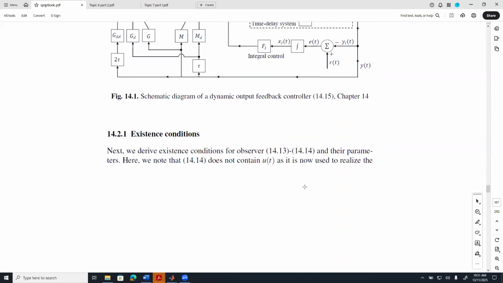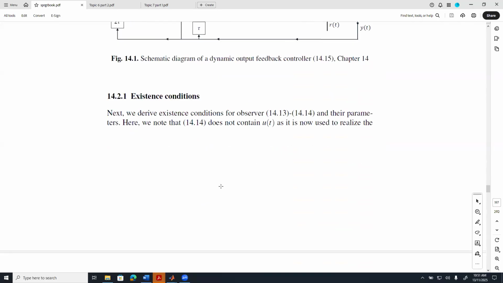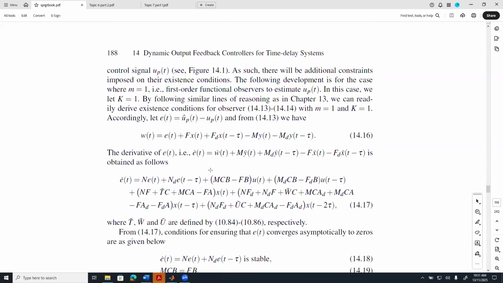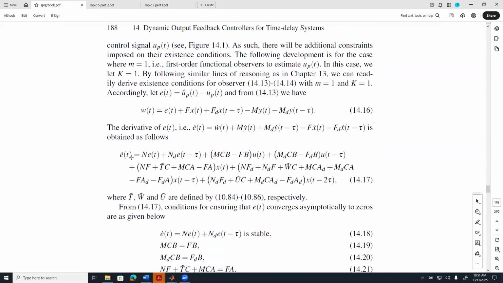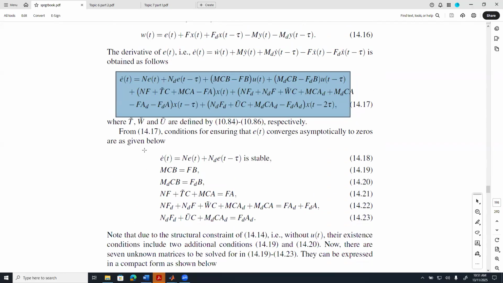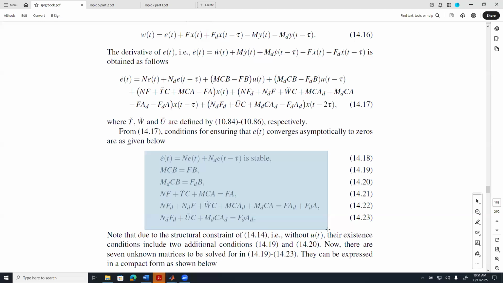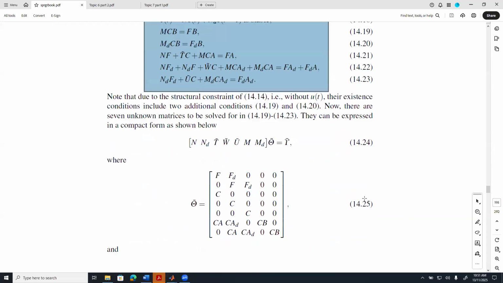And as usual, we can follow a similar framework to realize the existence conditions. So what we do is we look at the error equation, and we want this error equation to be asymptotically stable. Therefore, we arrive at a number of matrix equations, and when we solve them, it's just like what we did in the previous presentations.